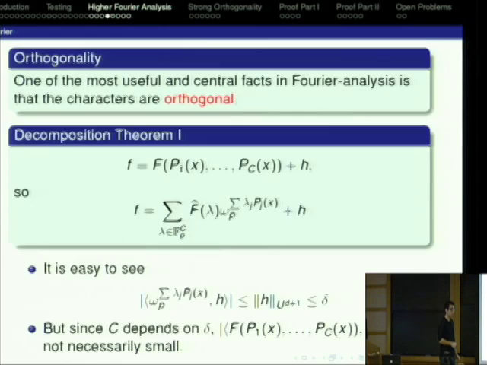You may want to ask why it's important, why you want the correlation of h and the other part. So you have the random part and the structured part. Why do you want that correlation to be small? Well, we want to study a correlation of f to some object, for example, f with itself even.